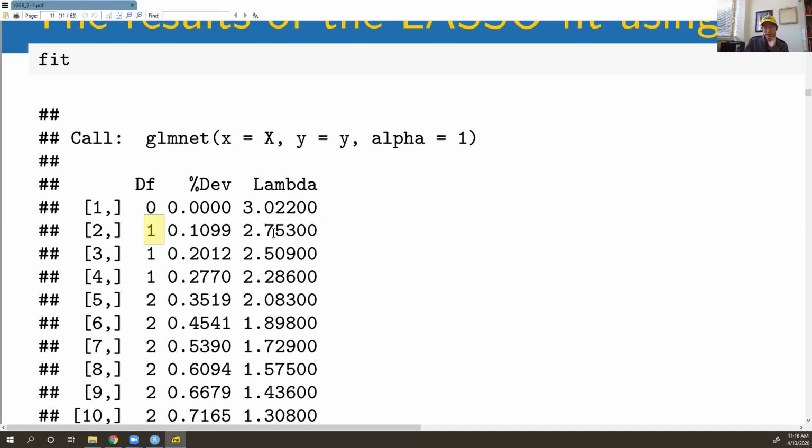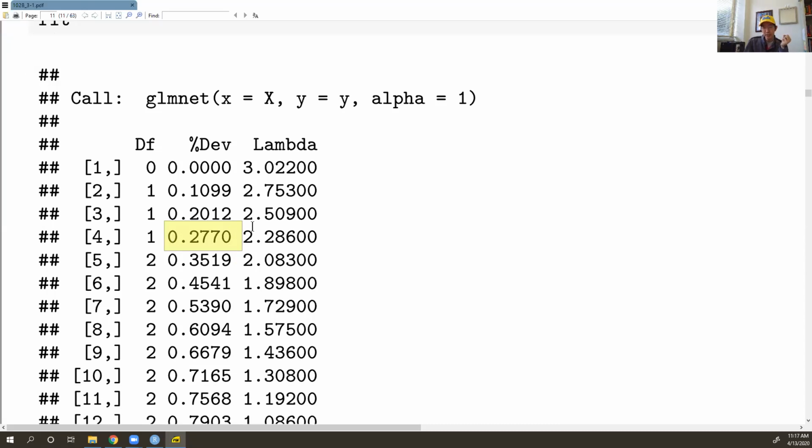As I decrease my lambda, I'm able to increase the coefficient for that particular x variable, and I'm able to explain some of the variation. As I increase my lambda more, my coefficient's able to get larger, and I'm able to explain more and more of the variation in y.